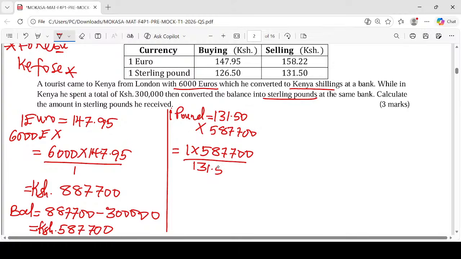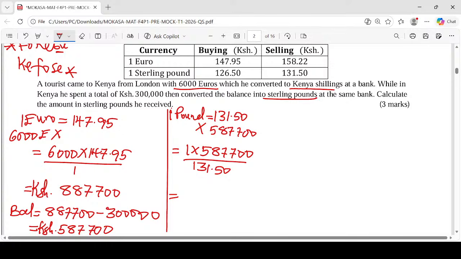131.50. And when you do this computation, I want you to be very, very keen here. Let us do this division. 587,700 divided by 131 and 50 cents.